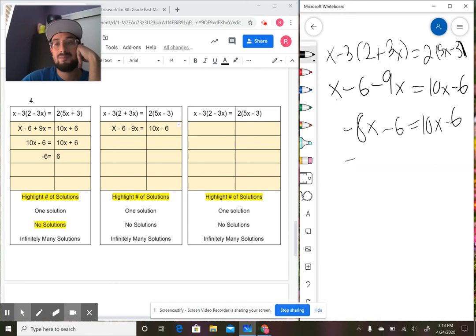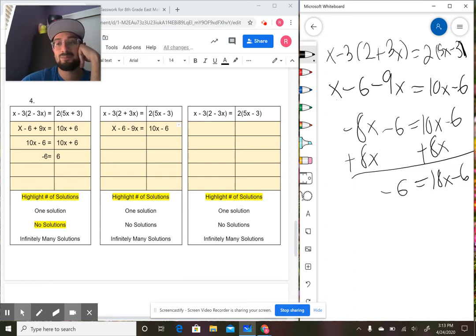We can add the 8x to both sides. So negative 6 equals 18x minus 6. So combine like terms, then add the 8x to both sides.